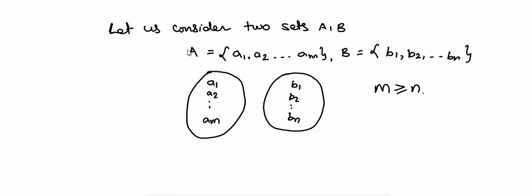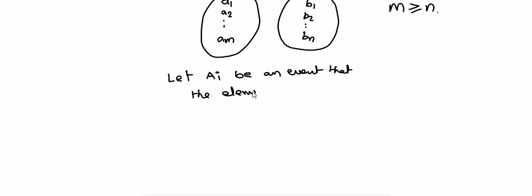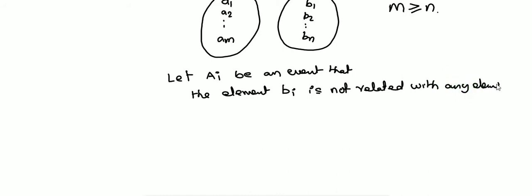Let us observe closely: let capital Ai be an event that the element bi is not related with any element of capital A. As per our definition, in order to define an onto function, each and every element of the set B must have at least one pre-image.